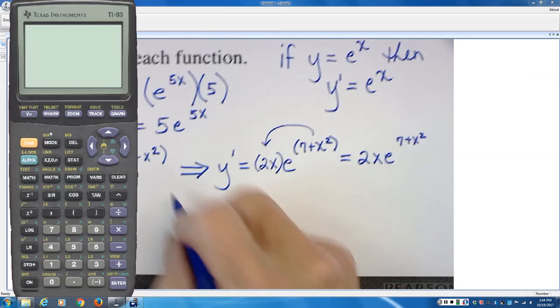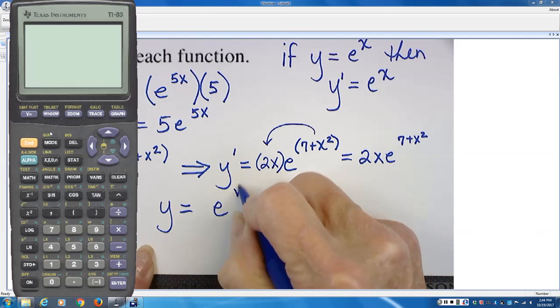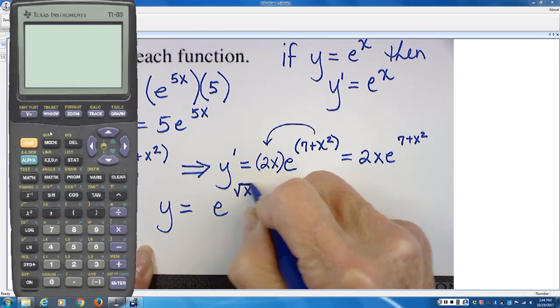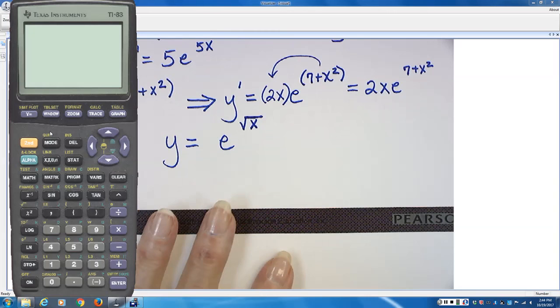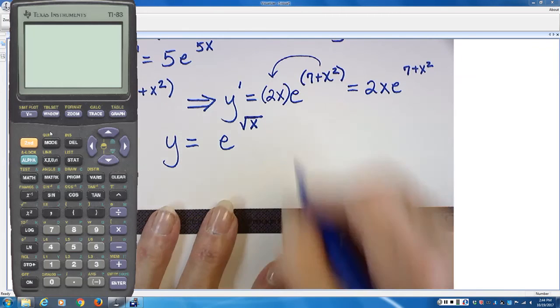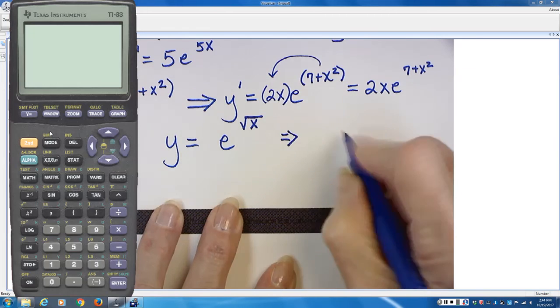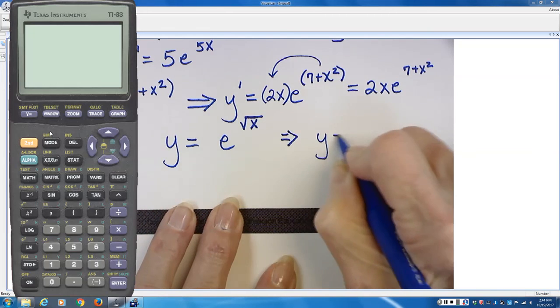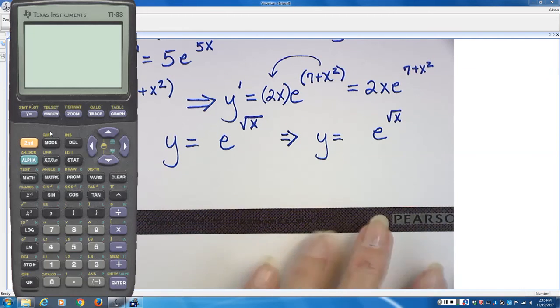What if I have y equals e to the square root of x? What's the derivative of the square root of x?